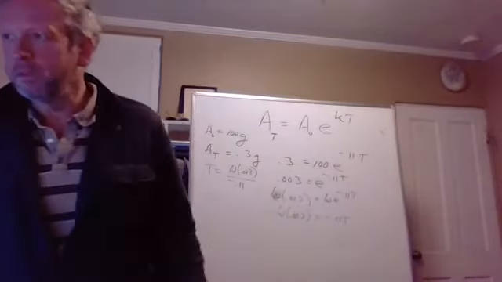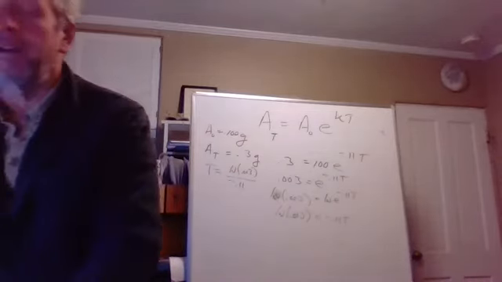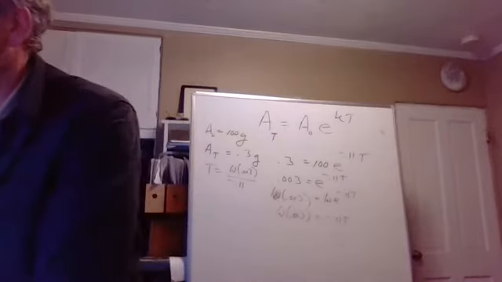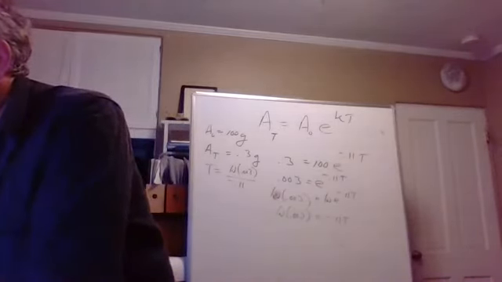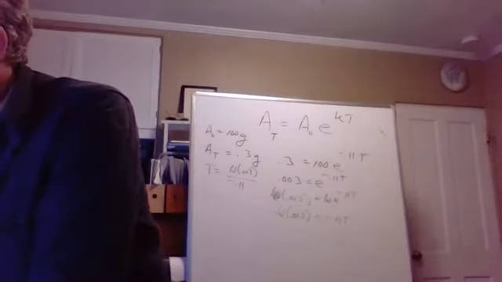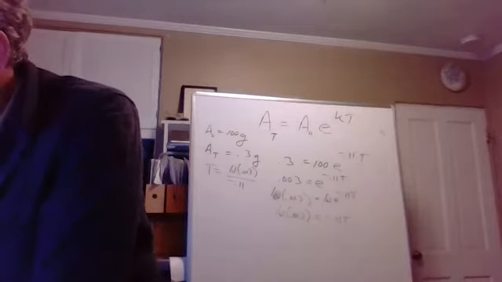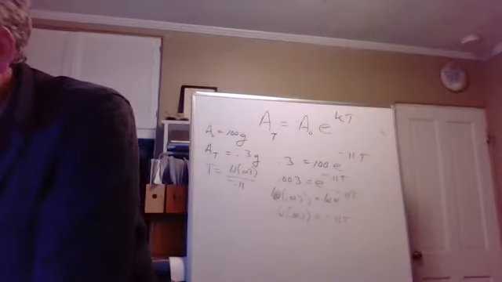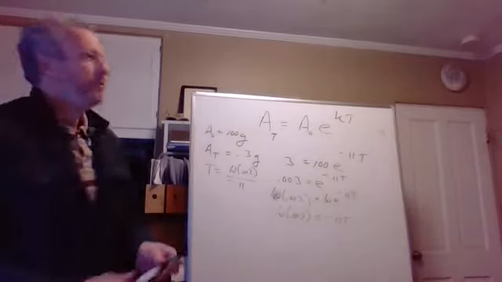Negative 0.11. If I'd rounded off to negative 0.1, it'd be a lot easier. Oh, interesting. Wait a minute. This online calculator is definitely kind of awkward. Okay, so 52.8.